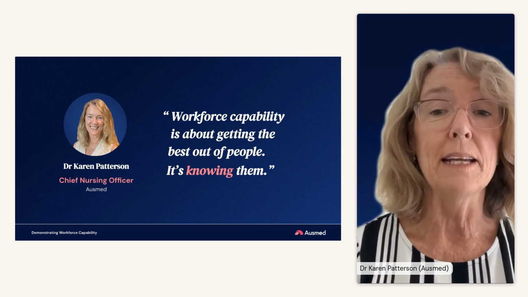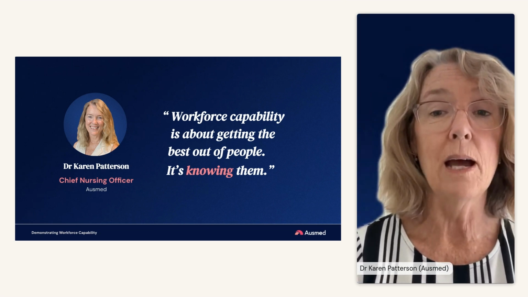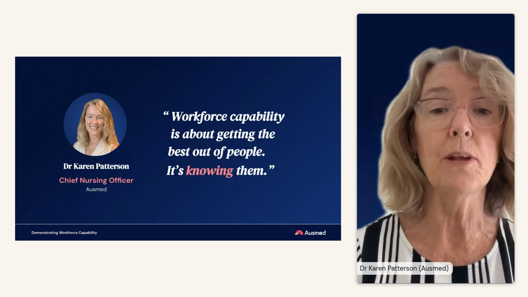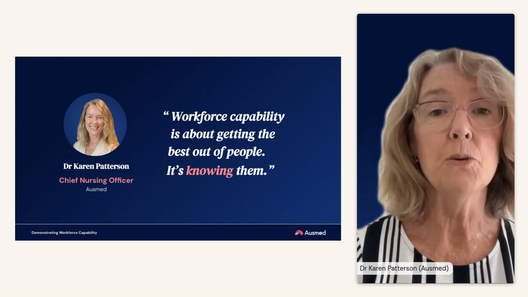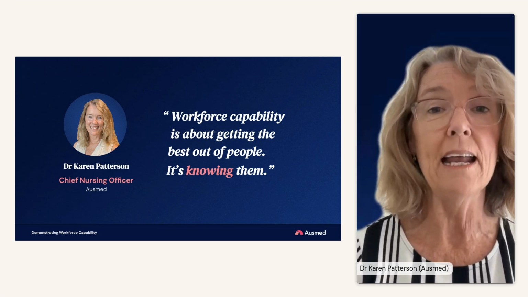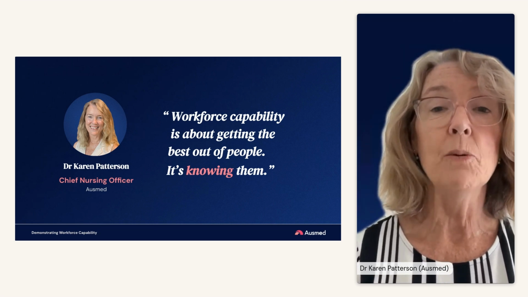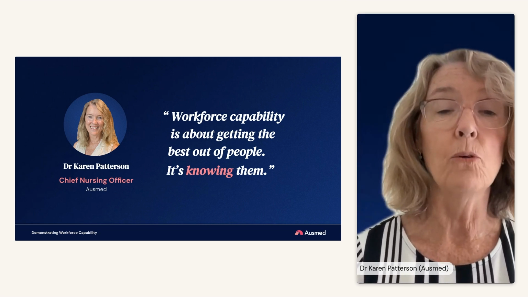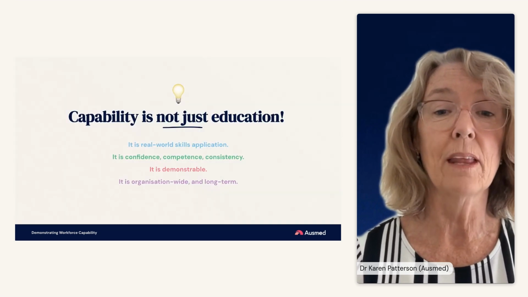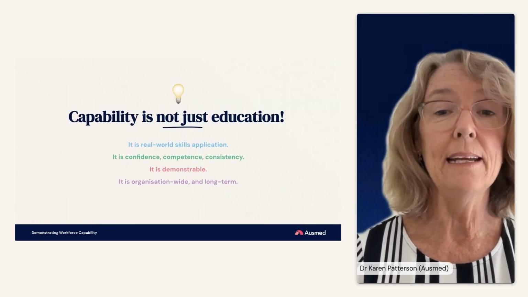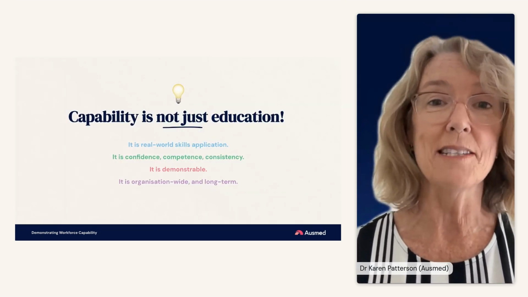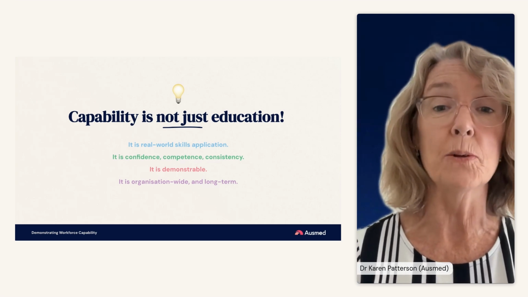Think of capability as your staff's practical ability, knowledge, skills, attitudes, and confidence to apply learning safely and effectively in real-world situations, even when under pressure or facing change. So capability, as we've talked about before, is not just education. It's real-world skills application.